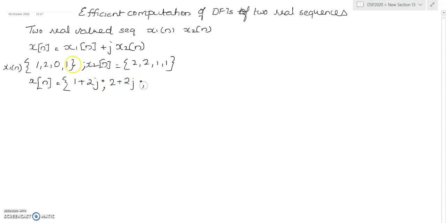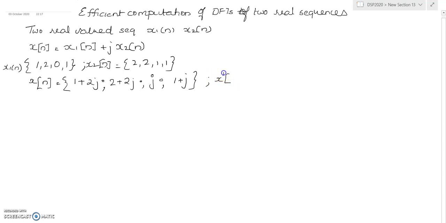Then we will have j, ultimately, because there is no real part over here and only j exists, and the last one will be 1 plus j. So this will be the newly formed x of n sequence. We are going to create the conjugate of this sequence because it will come into play at a later point.